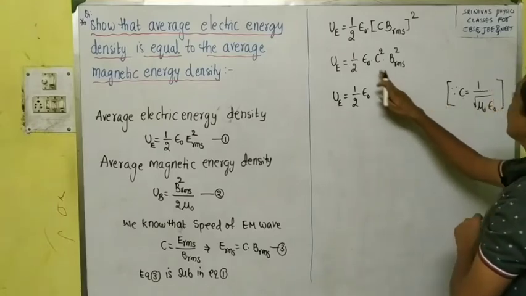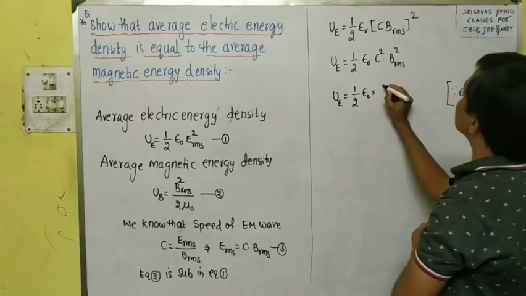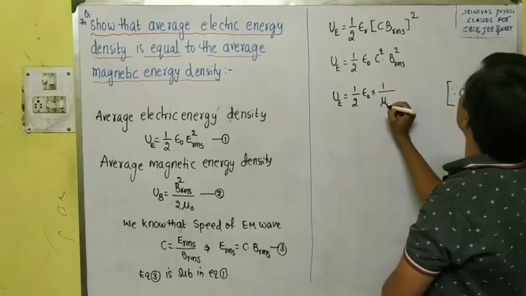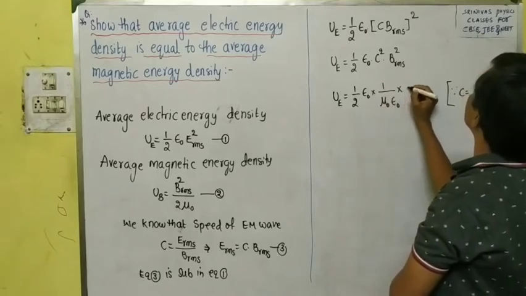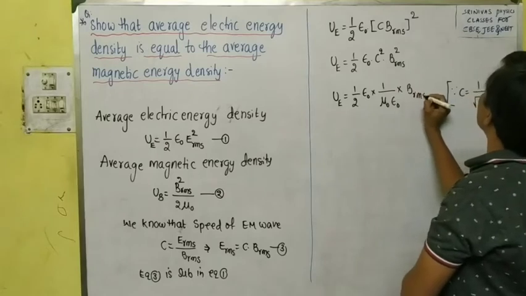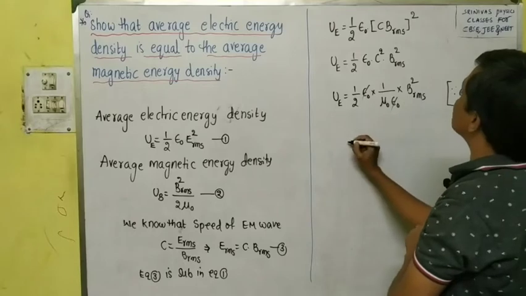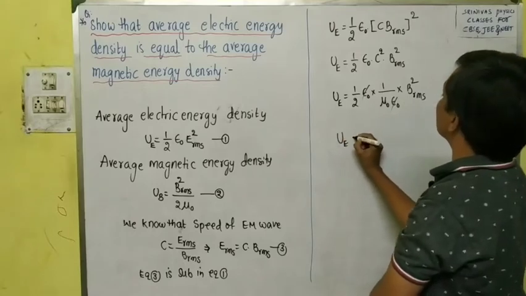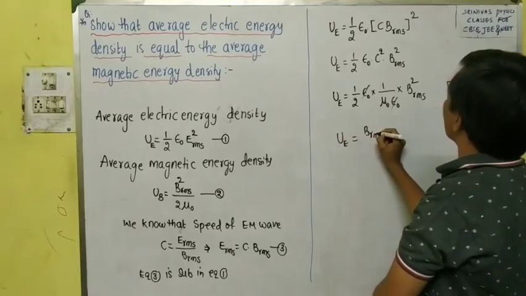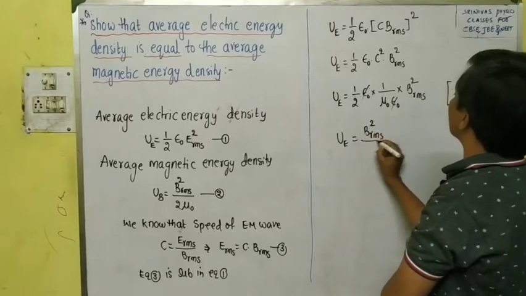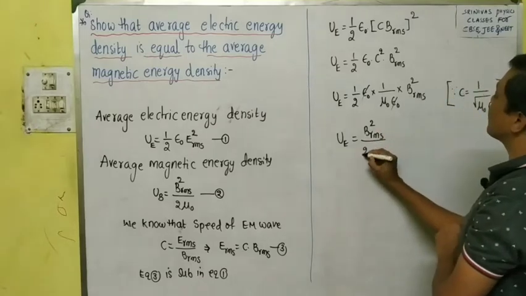This C square we want. C square we write as 1 by mu naught epsilon naught into B_RMS square we will get. And here epsilon naught will cancel, then U_E we will get as B_RMS square by 2 mu naught.